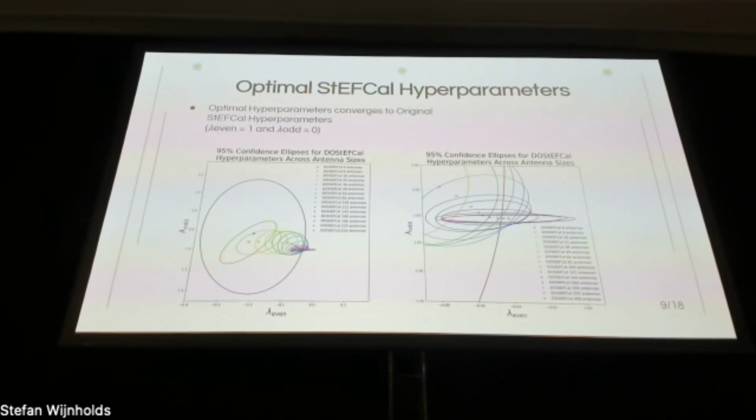The red is the mean, with its confidence ellipse, and it will increase in antenna size, from red to orange to green to purple, up to 256 antennas. I also zoomed in on this graph, and you will see that as the antenna sizes increase, the optimal hyperparameters tend to 0, 1, which is actually the original STEFCAL, as we stated.